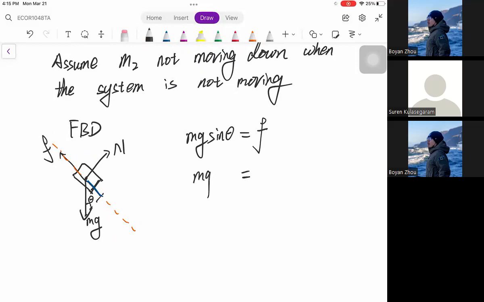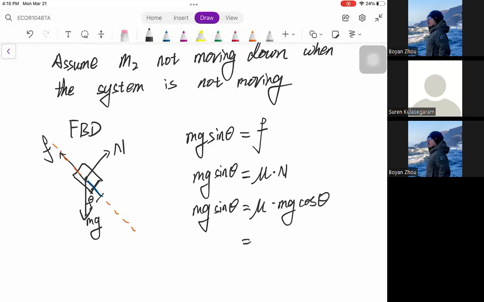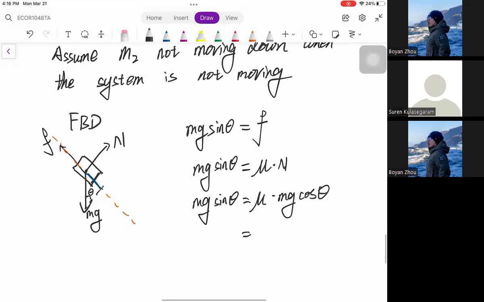And we know the friction is equal to the friction coefficient times the supporting force, and the supporting force is equal to mg cosine theta. So we just draw the free body diagram, find the force balance, list everything with the theta, and then try to isolate the theta.